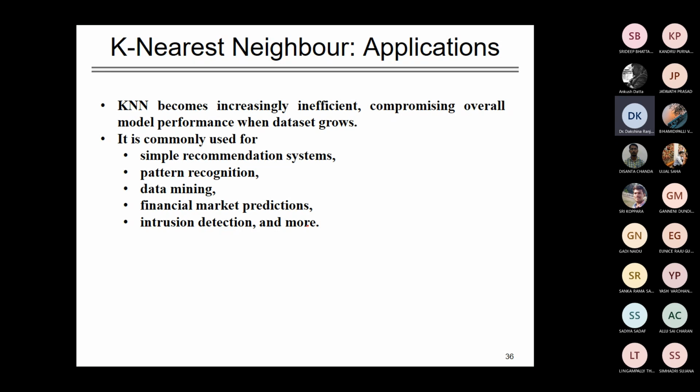K nearest neighbor becomes increasingly inefficient, compromising overall model performance when the dataset grows. That means for a large dataset, the k nearest neighbor algorithm degrades. In that case, we get the underfitting problem.